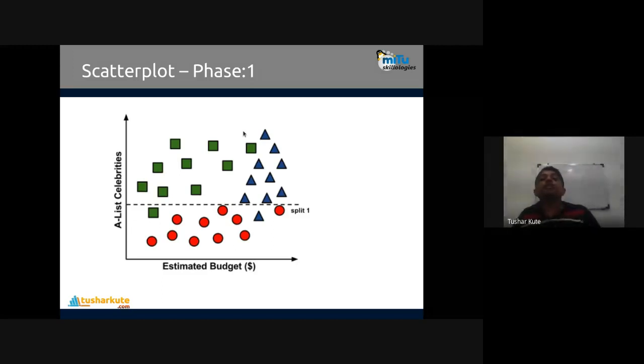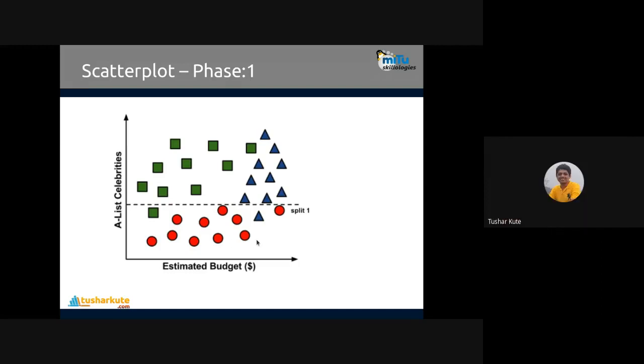If the number of celebrities is below a line value, let's say 3, then the red class is there. If the number of celebrities is above 3, then green and blue classes are possible. Celebrities are more or celebrities are less, like that. So accordingly we can have a split, but still two misclassifications are there.